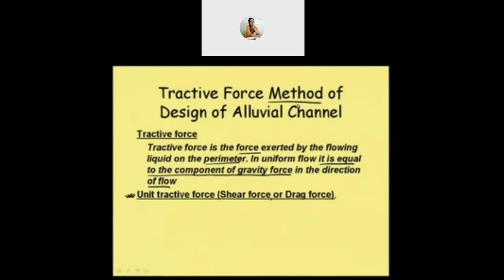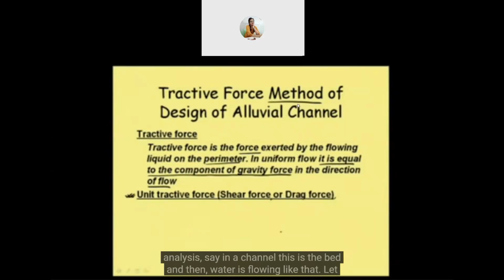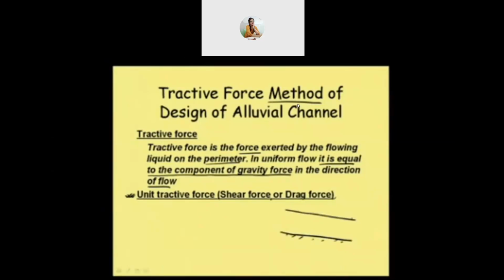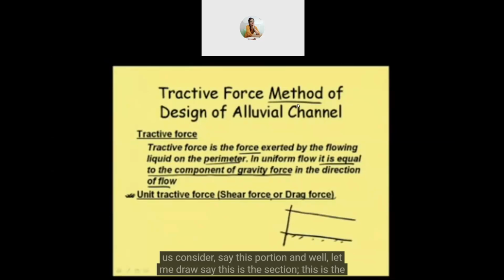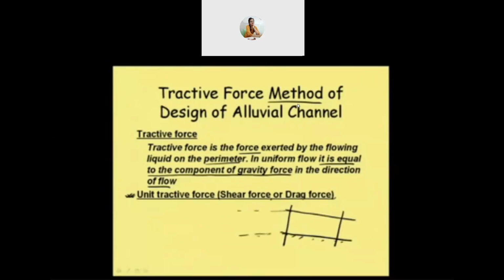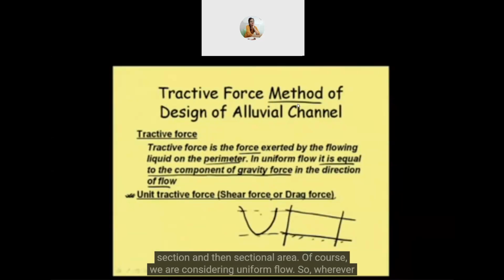Now, if we recall our earlier discussion, in uniform flow we had this sort of analysis. Say in a channel, this is the bed, and water is flowing like that, and let us consider this portion. Let me draw this section, and the sectional area is this area.